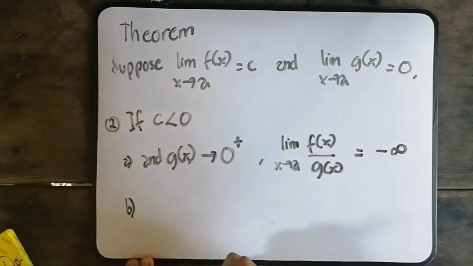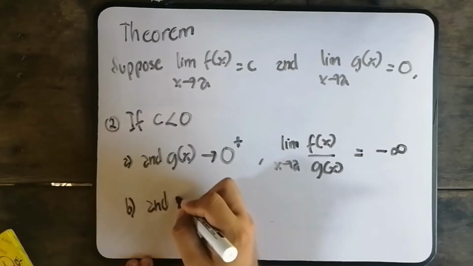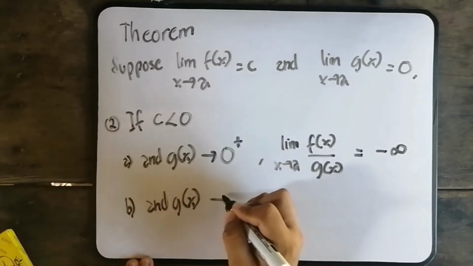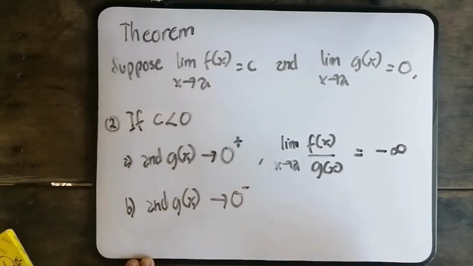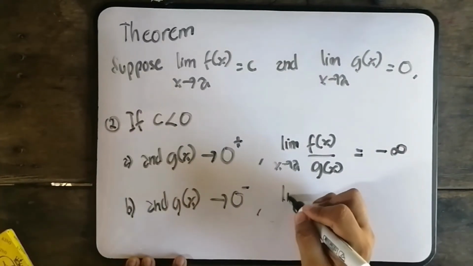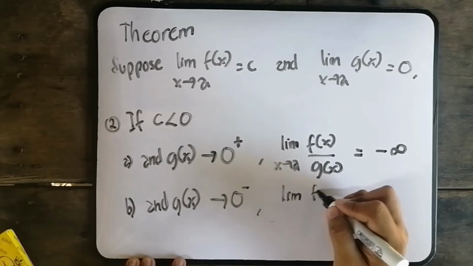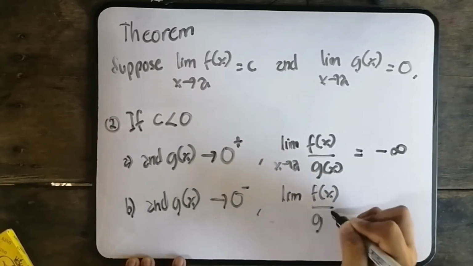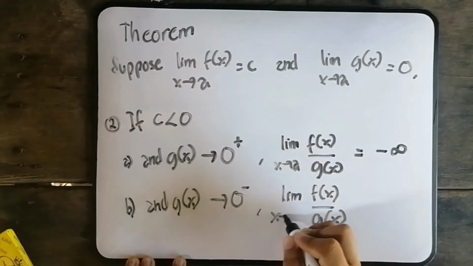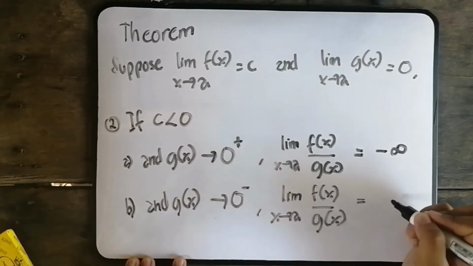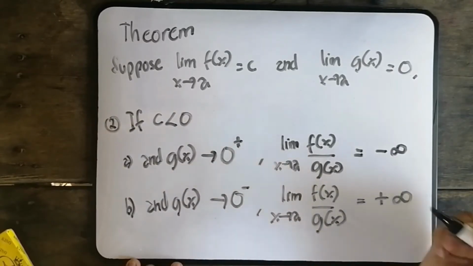And if c is less than 0, but your g of x approaches 0, passing through the negative values, then the limit of f of x over g of x as x approaches a is equal to positive infinity.